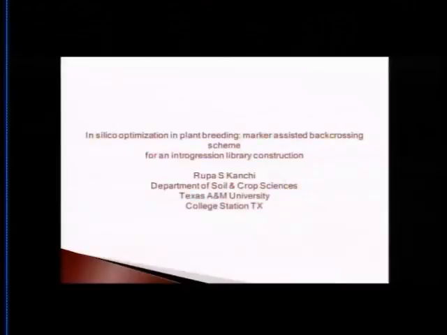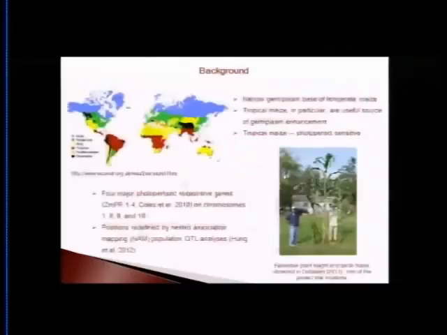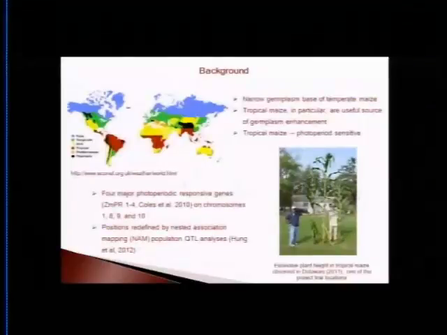Murray. So I'll be talking about what I've done so far as part of the Maze Atlas project, like Dr. Murray said. The project aims at understanding the genetics underlying adaptation of tropical maize in temperate environments, where the maize germplasm base is very low, narrow, and tropical maize has a lot of useful alleles and is much more diverse.